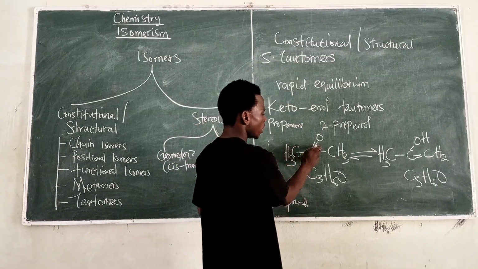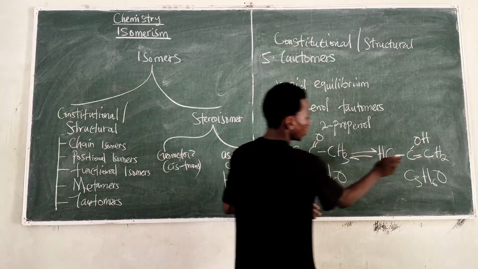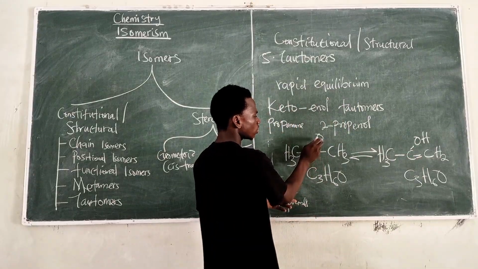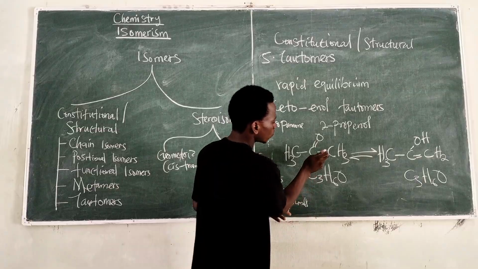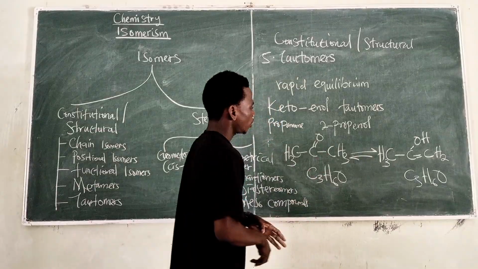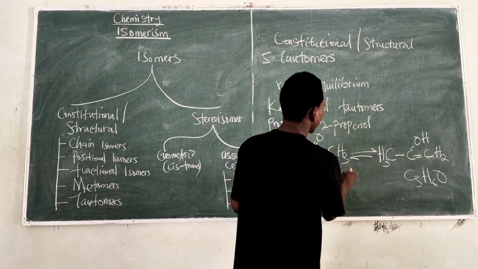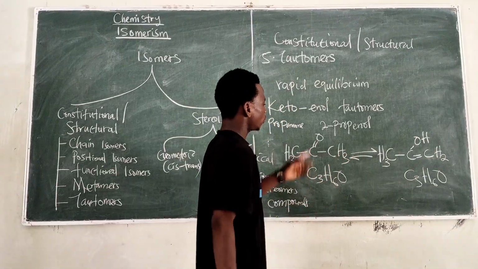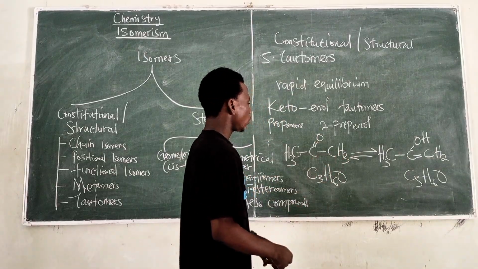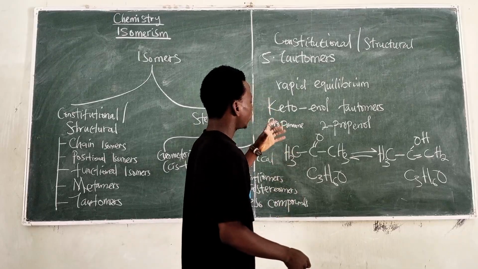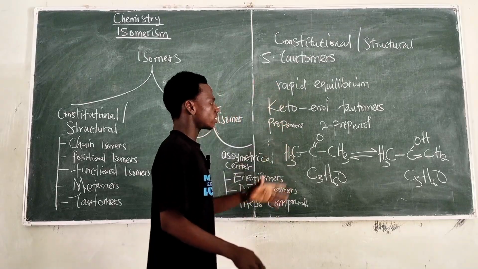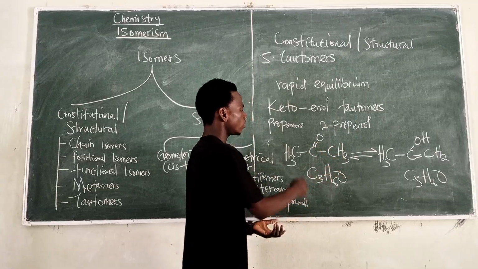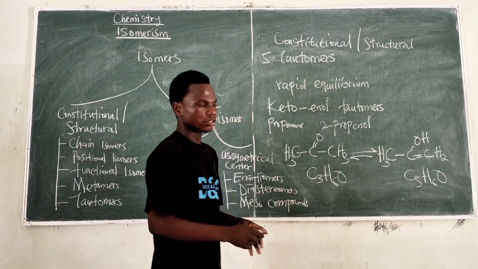Now, the double bond here is moved from the carbon-oxygen bond to a carbon-carbon double bond, and then the hydrogen from the first carbon here is shifted to join with the O. So they can form tautomers by shifting a hydrogen atom and moving a double bond.